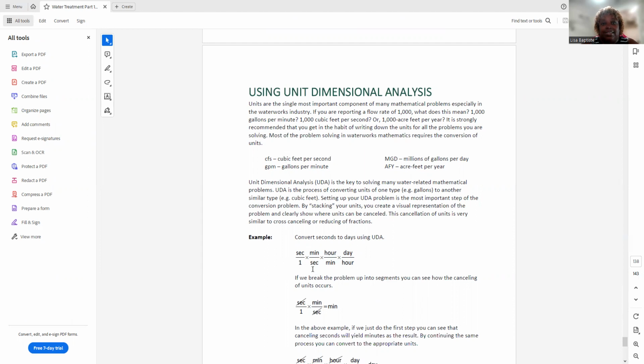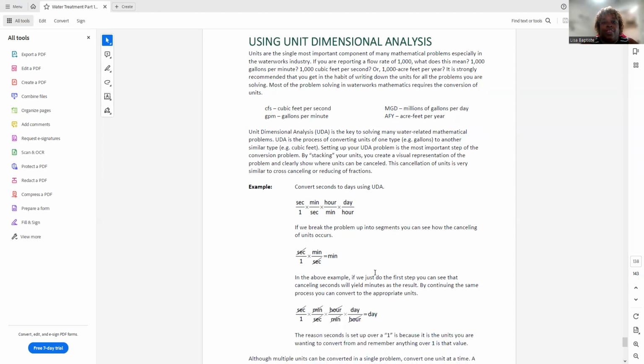As you can see, the seconds are on the bottom here. And we do that because anytime we have a unit on the top and then the same unit on the bottom, we can cross those two units out. And so then we have minutes, so we want minutes to go on the bottom, so we can cross those minutes out. And then we have hours. Hours we want to cross out, so it goes to the bottom. And then we get to days.